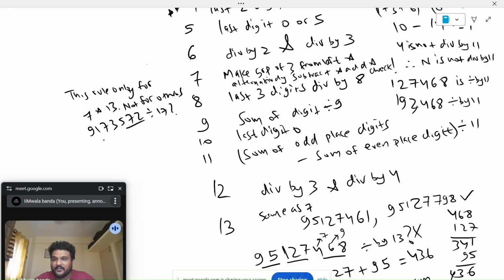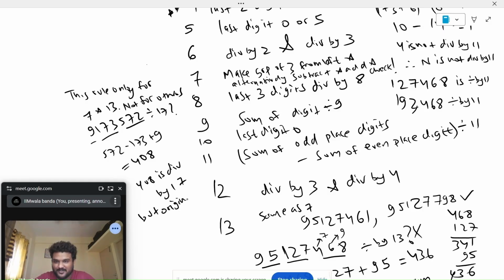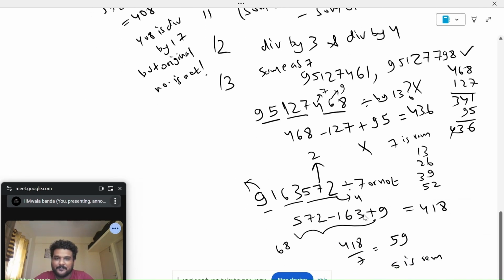You should not use it, but I just want to explain. So if you do this, 572 minus 173 plus 9, it comes out to be 408. And 408 is divisible by 17. But the original number is not. All right. So you get an idea that this trick will not work other than 7 and 13.